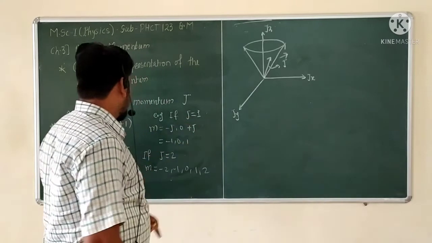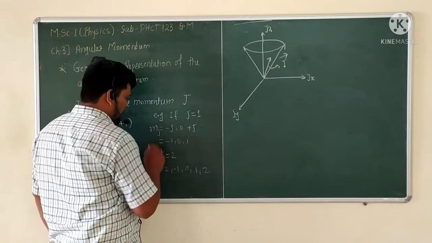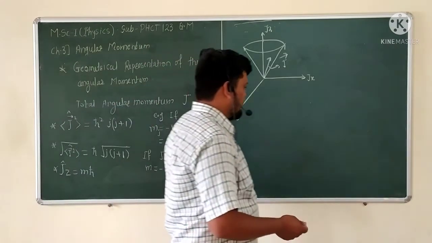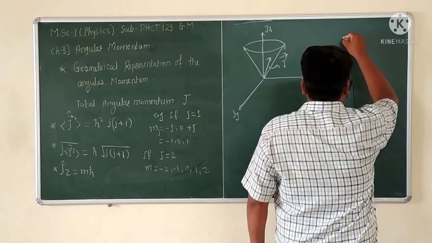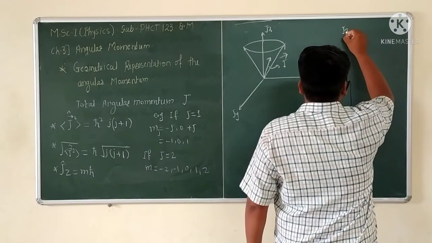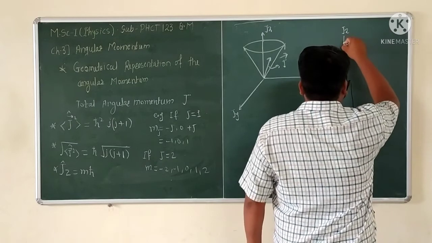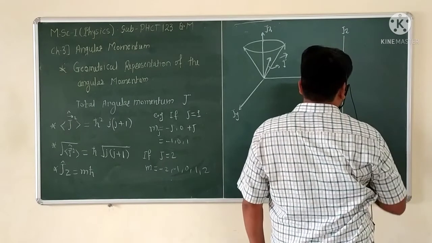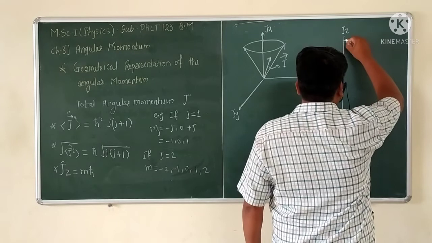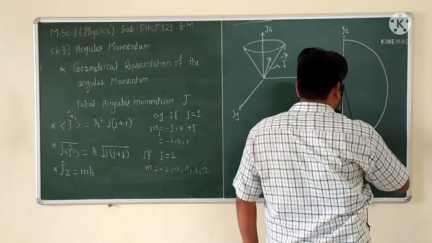This is J and this is the mj value. Along the Jz axis, the angular momentum rotates on the cone about its axis.